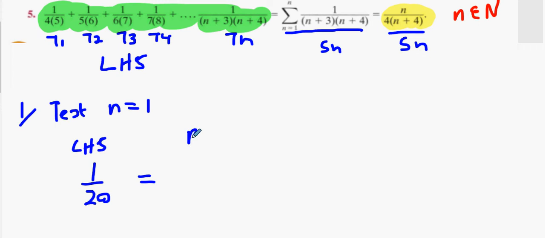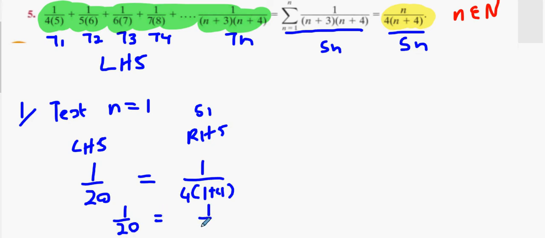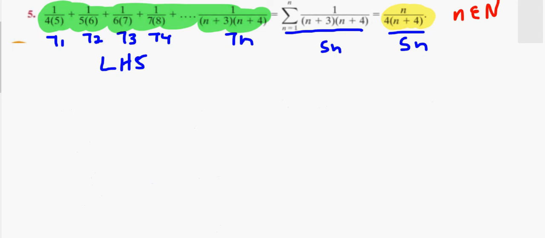Right hand side is s1, which is going to be 1 over 4 times 1 plus 4, which is 1 over 20 equals 1 over 20. So this is true for n equals 1. Happy days, right? Now I'm just going to rub that step out. I'm just going to go straight for step 2.